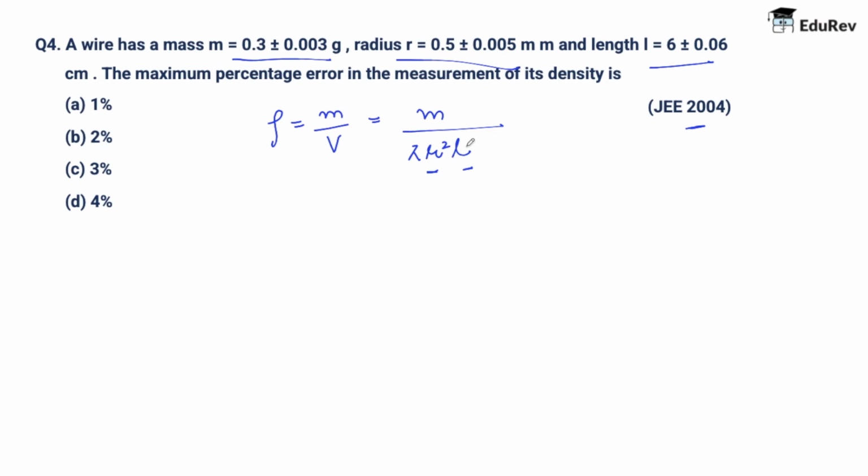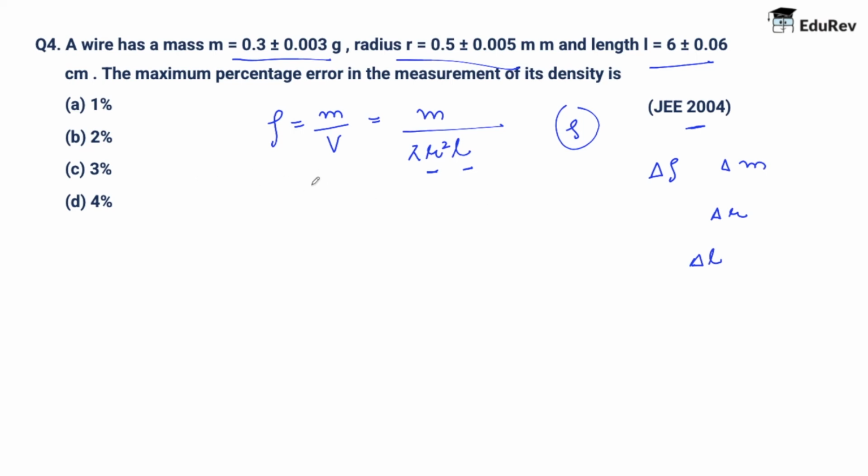Now we have to differentiate this equation and divide it by rho. Because when we divide it by rho, we'll get the terms delta rho, delta m, delta R and delta L. And then we can further solve it and find out the actual maximum percent error in it.